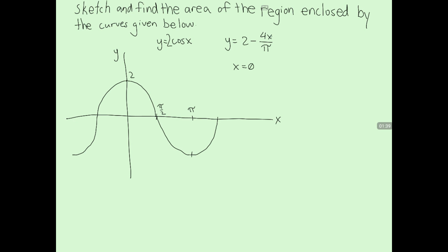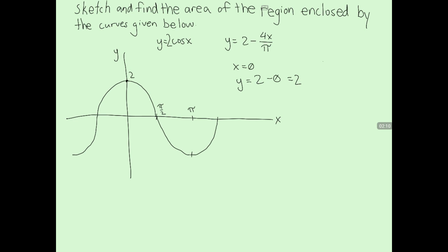So if we set x equal to 0, then y equals 2 minus 4 times 0 over pi. So y is just 2 when x equals 0. So we have one point of this line: y equals 2 and x equals 0. That's pretty convenient because this is also where y equals 2 for cos x when x is 0.